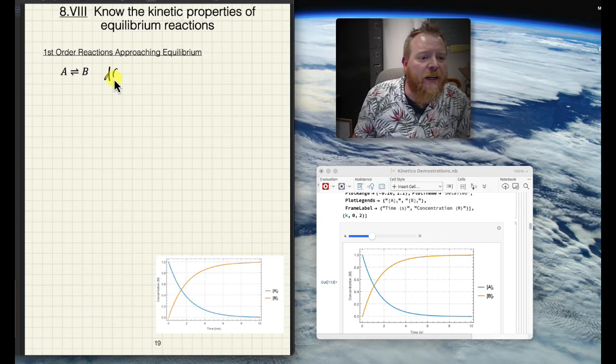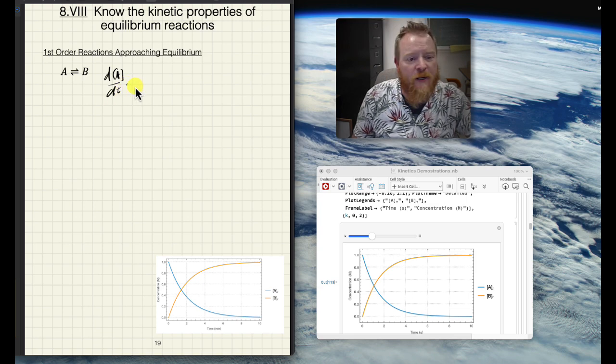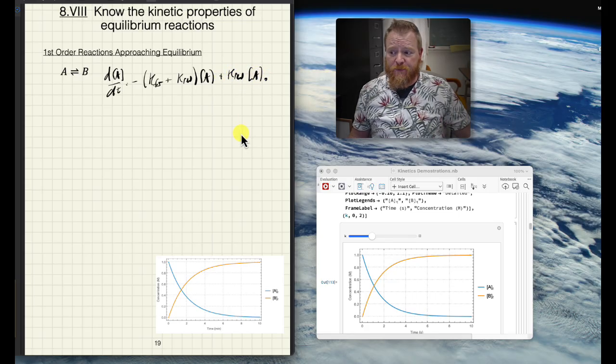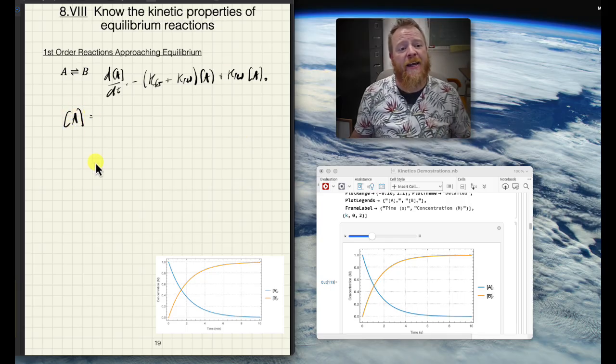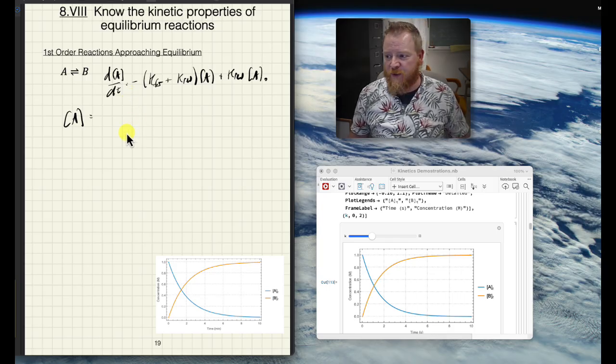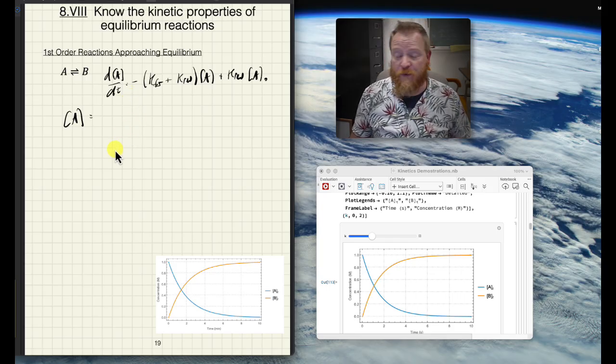So again, just recognizing that we ended up with the following: dA by dt equals negative k forward plus k reverse times A plus k reverse times A initial. So solving this for the concentration of A at any time, separating the appropriate dependencies and integrating both sides, we end up with the following.